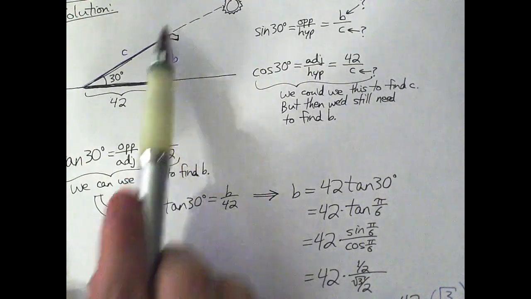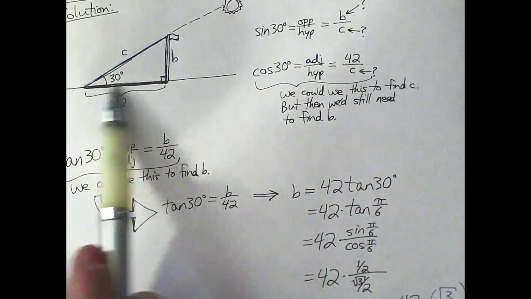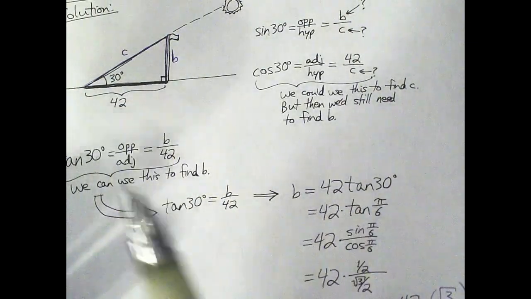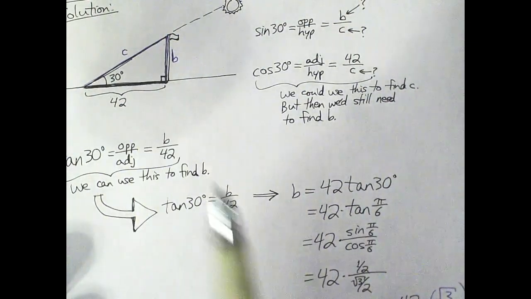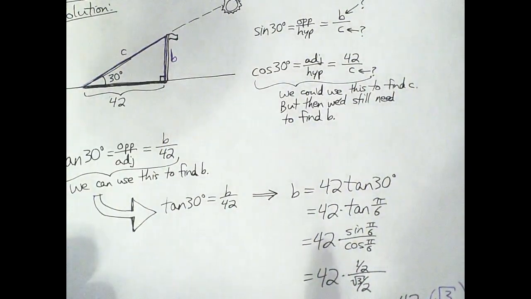How could the flagpole be taller than this shadow? It wouldn't really look like this, right? So I would say that doesn't seem right. And I would double check everything. Maybe it would still be the correct answer. Maybe it would just mean that our picture wasn't really drawn to scale.